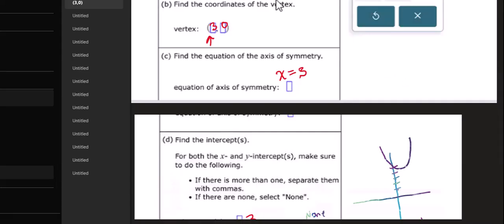They all have y-intercepts that just might not be shown. So this one has a y-intercept of 2 and x-intercepts of -1 and 3, because it's got one here at -1, and then another one here at 3.